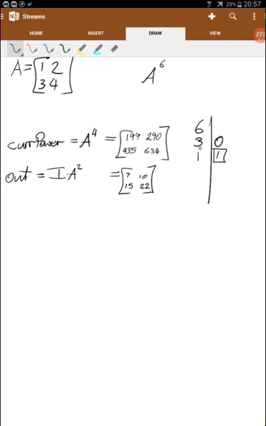We now say n divided by 2. 1 divided by 2 gives us 0, remainder 1. Because there is a remainder 1, we know that the current power must be part of our output. So we take our current output and we multiply it by that. So we're saying 7, 10, 15, 22 multiplied by 199, 290, 435, and 634.